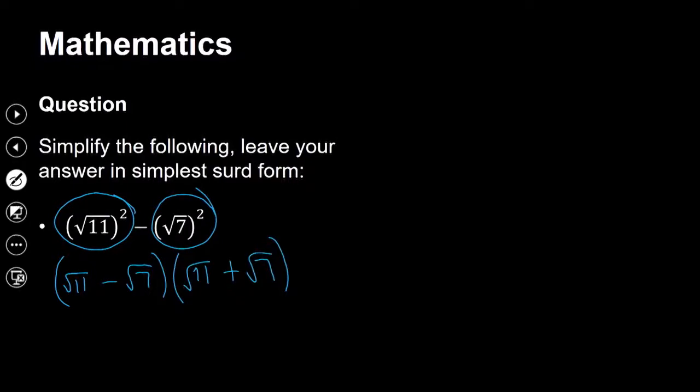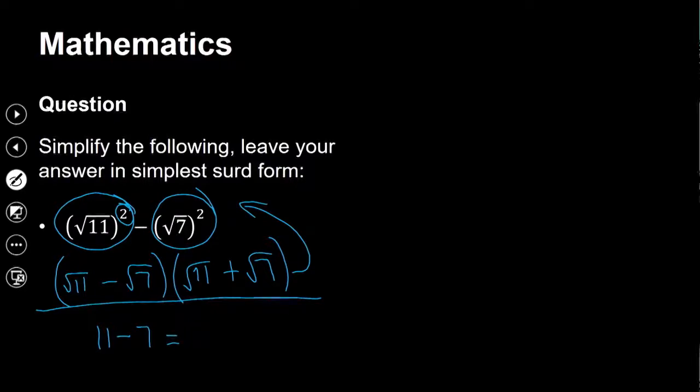I'm just showing you where it came from. And if you multiply this, it will take you back to that. But now let's answer the question according to what you've been looking at. Remember that square root and squared normally cancel each other. So it means I will just have 11 minus this one here will then be 7, and my answer will therefore give me 11 minus 7 will then be 4, right?